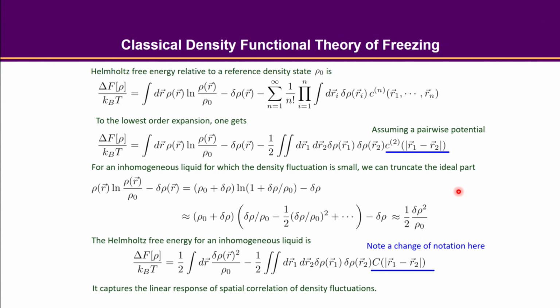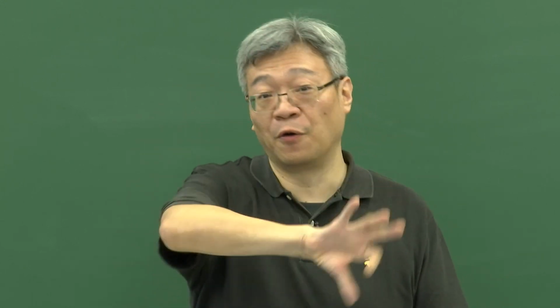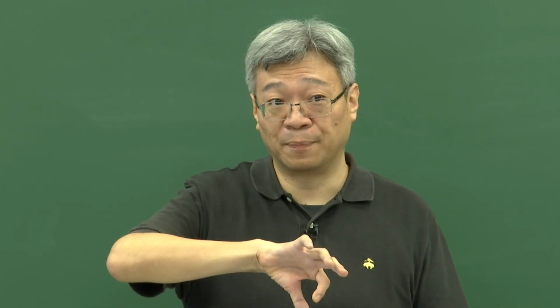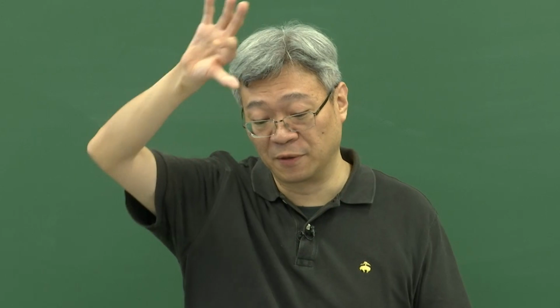Okay, so if that's my free energy functional, of course we can minimize this free energy. It's going to tell me something, that is, if I have a density perturbation or fluctuation somewhere, like in the origin, what will the profile look like due to this perturbation?